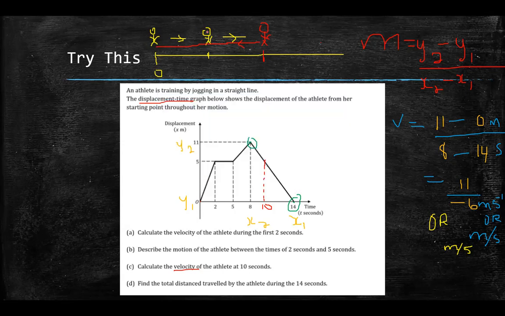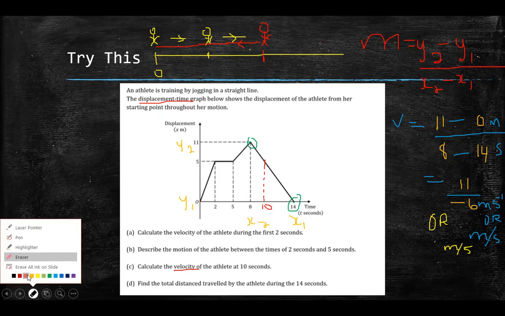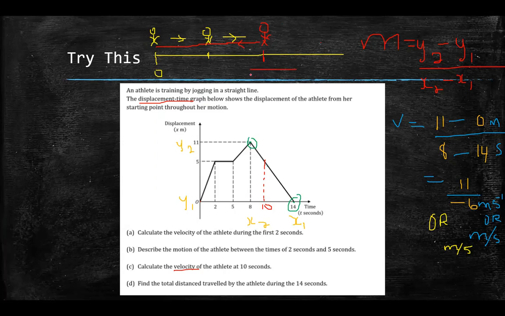After taking this break right here, she runs all the way to her final destination. Let's just say this is the finish line, a banner, whatever. So she runs, she takes a 3-second break, then she continues running until she reaches the finish line.